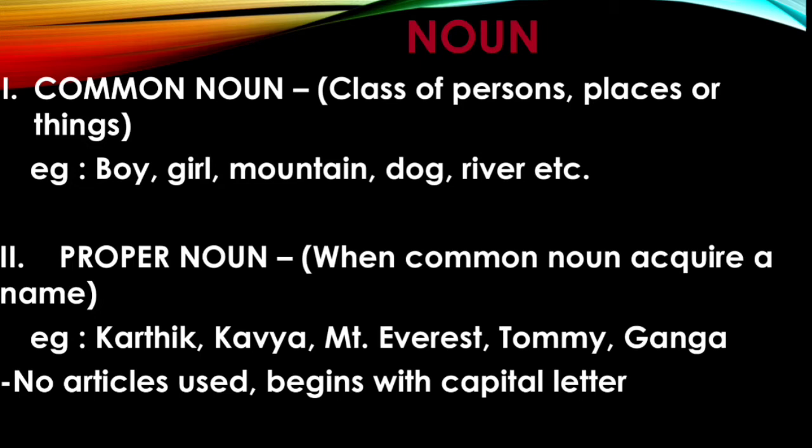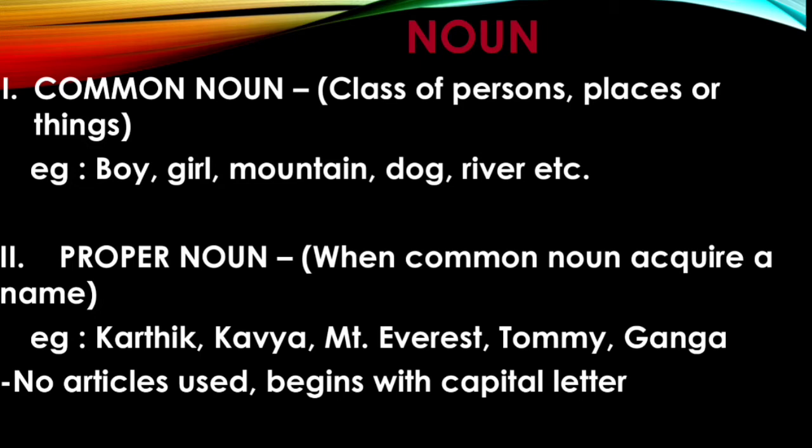Boy, there are many boys: Suresh, Ramesh, Vishnu, Jishnu. And all of them together are called boy. So this is common for different people alike. They have some common characters, so they are grouped as common noun.